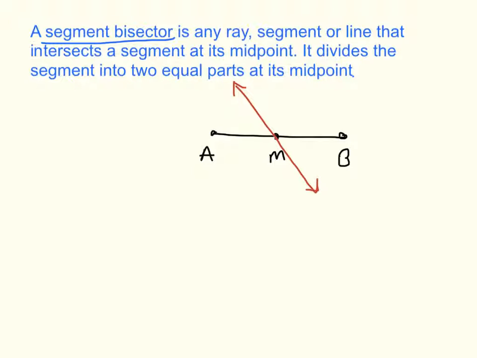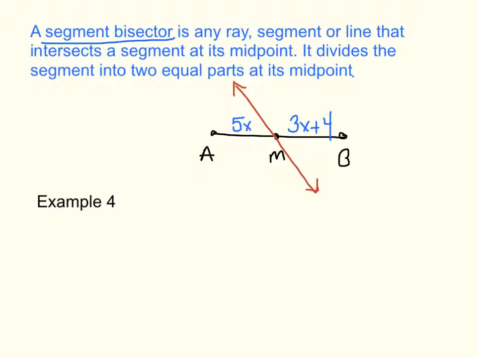It divides it into two equal pieces. That is what is called a segment bisector. So a segment bisector is any ray, segment, or line. So this red line can be a segment or a ray that intersects a segment at its midpoint. Notice it intersected the segment right here at the midpoint, point M. It divides the segment into two equal pieces. So the length of AM and the length of MB would be equal.